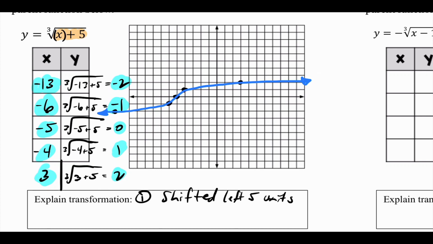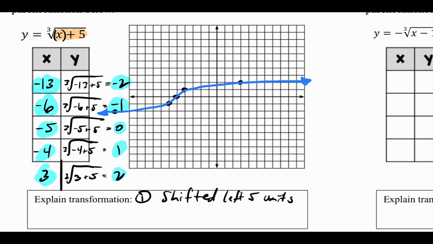Okay. Anything else with it? Taller, shorter, different directions, reflected, moved up or down? I think that was it, right? That was it. So plus 5 this time was on the inside.